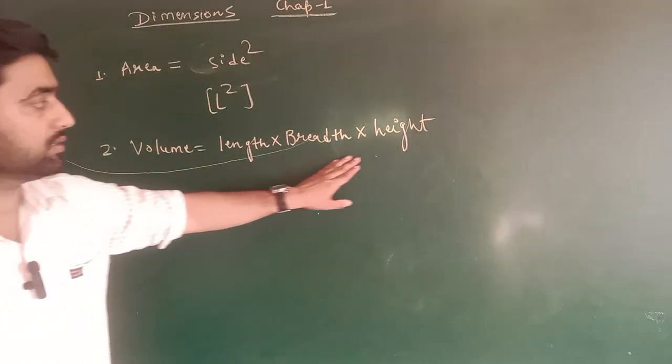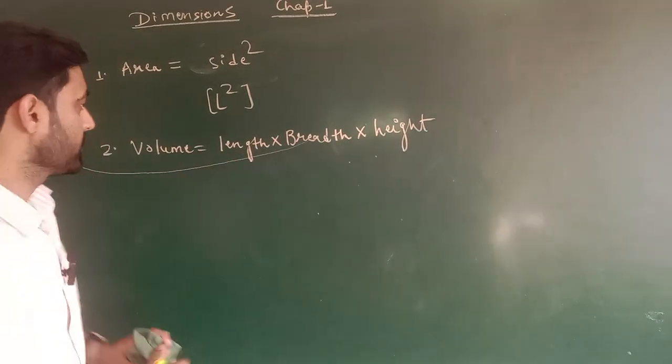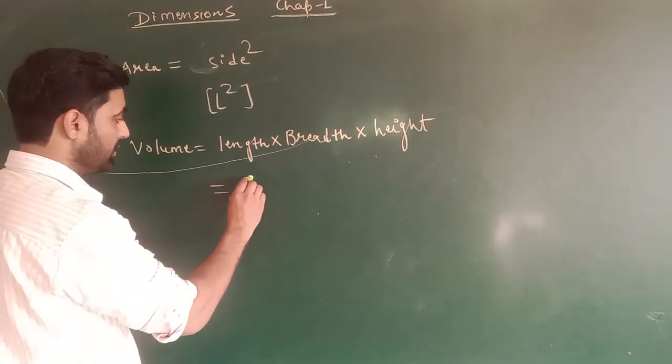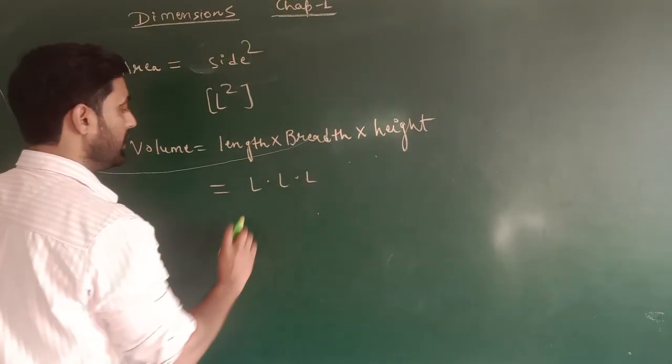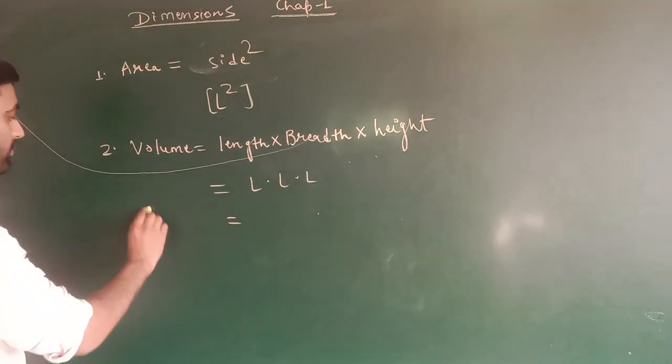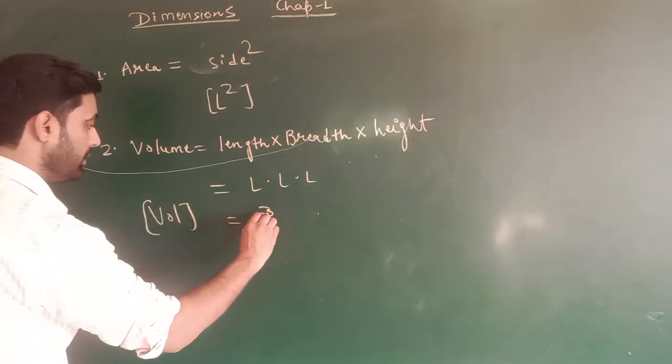Actually, all these three physical quantities are basically lengths. So I'm writing them as length multiplied by length multiplied by length. So the dimensional formula of volume is L cube.